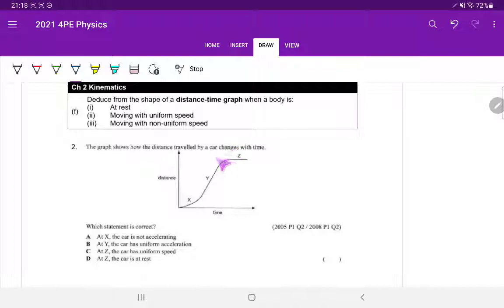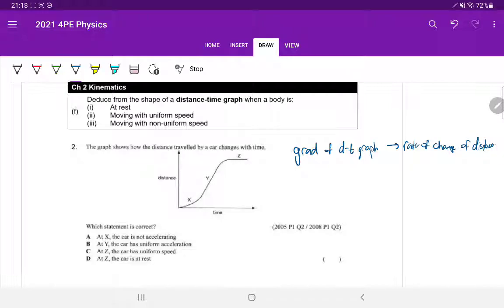What does the gradient of a distance time graph tell you? So gradient means what? The rate of change, right? So gradient is always looking at the rate of change of distance.